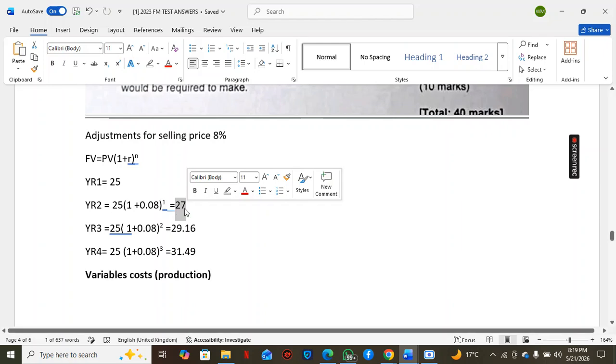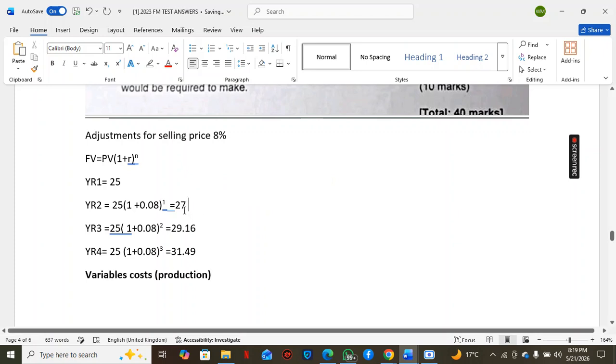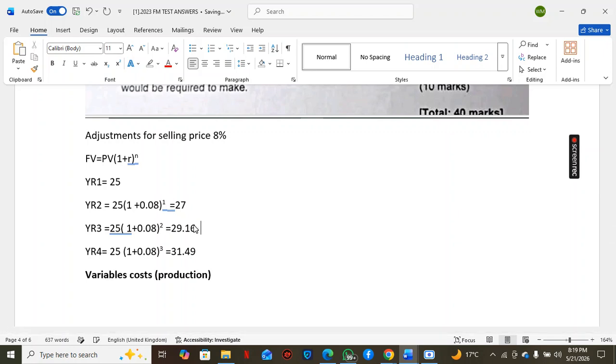This 27 kwacha again is going to grow by 8%. So 27 multiplied by 1.08.